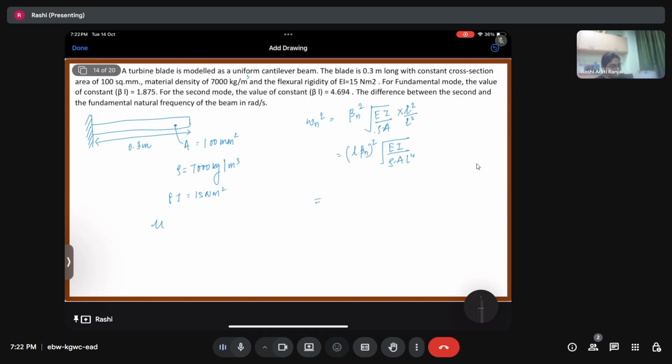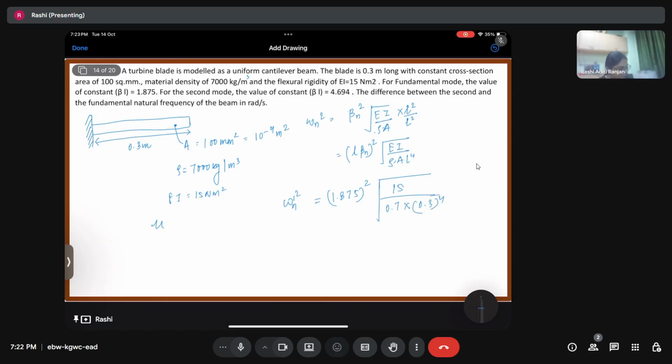So for the first frequency, we have beta L for the first case, which is 1.875 square into E into I, which is 15, divided by rho into A. A is in mm square, so this is going to be 10 to the power minus 3, 10 to the power minus 3, which is 10 to the power minus 4 meter square, into 7,000, which is 0.7, into 0.3 to the power 4.